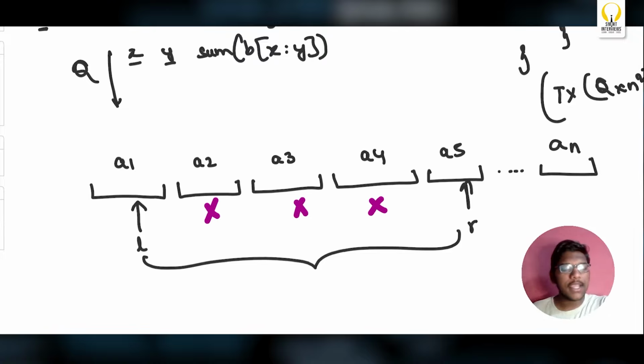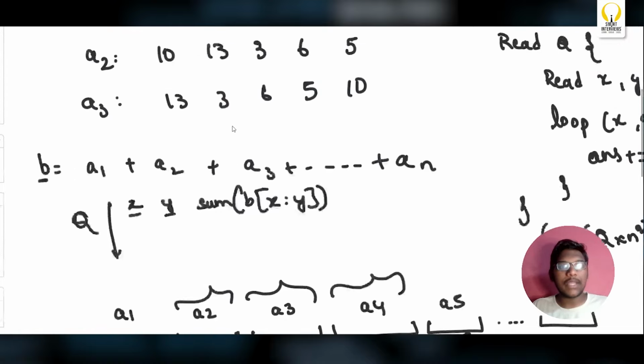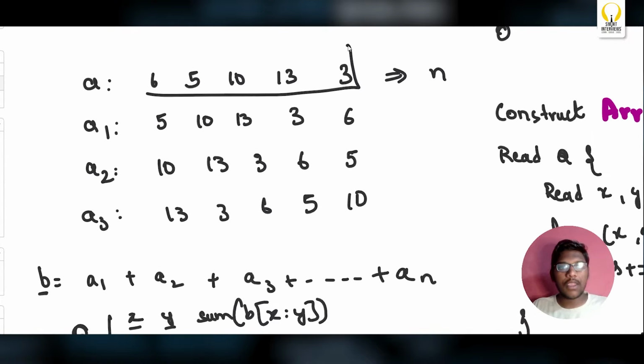What's the reason? A2 will have the same elements which we have in A3, and A3 will have all the elements which we have in A4, but not for A1 and A5. We have the common elements for A2, A3, A4, which ultimately are the same elements in the given input array A. Now the breakdown is something like this.